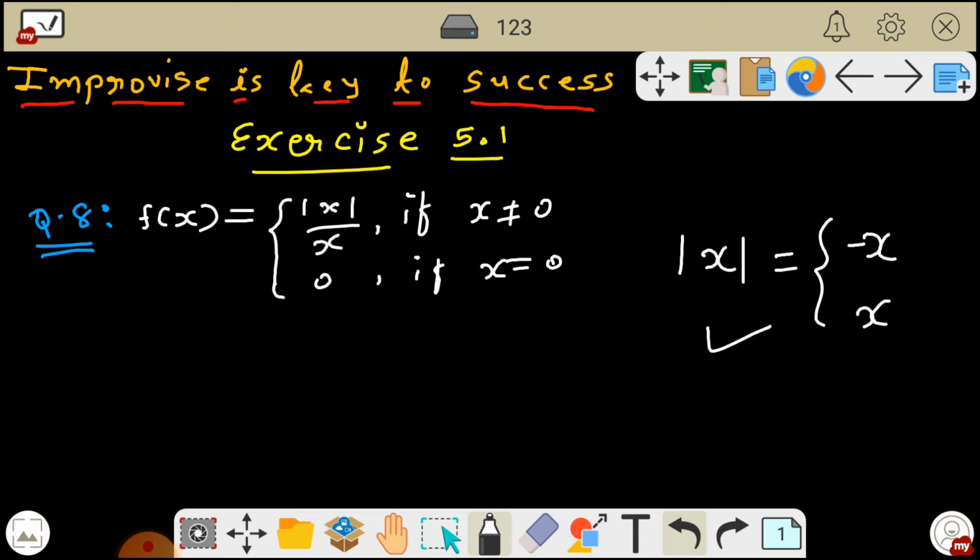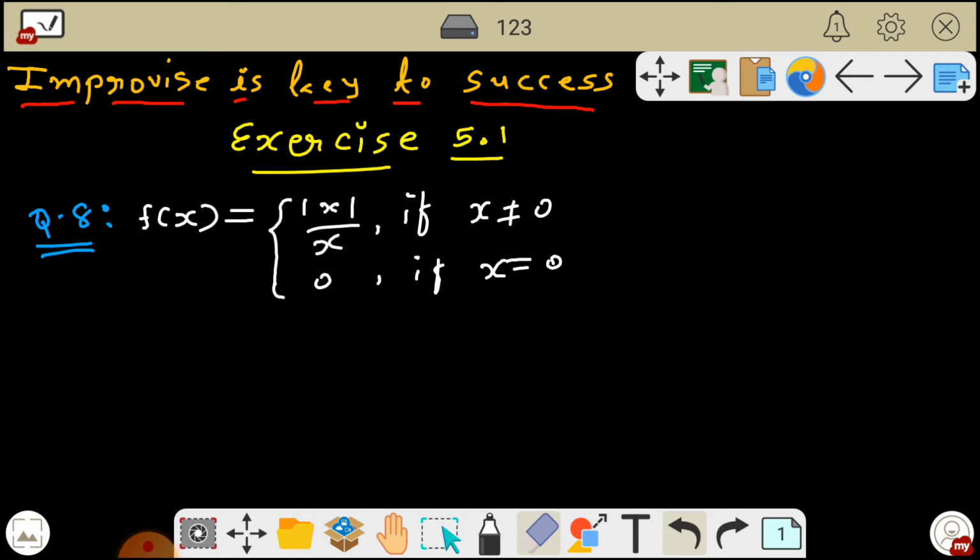So because of this, this function also has two values. Modulus of x upon x has two values, one with x less than 0 and other with x greater than 0.